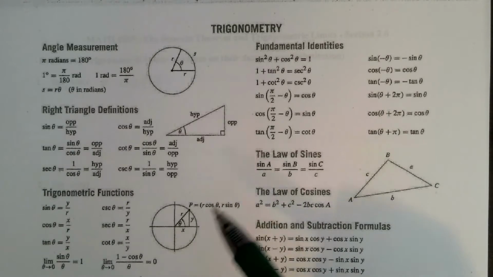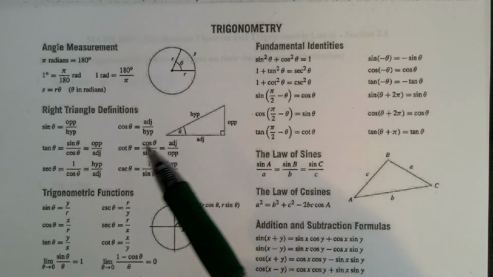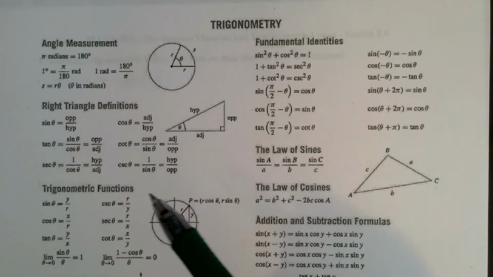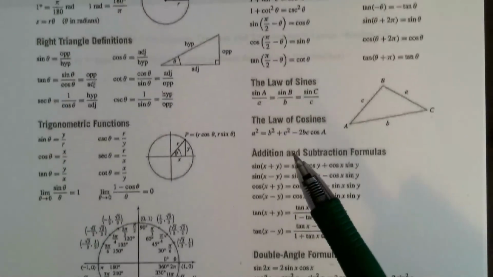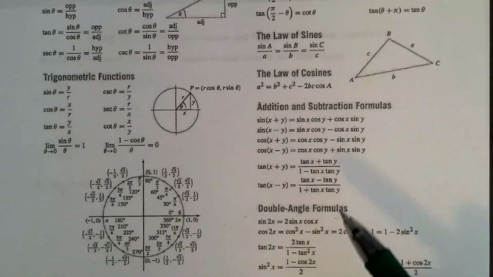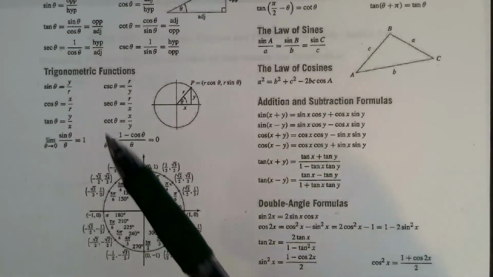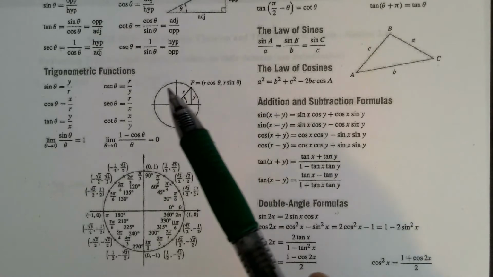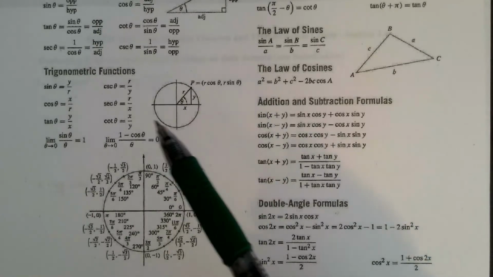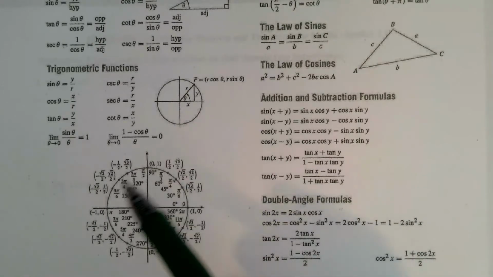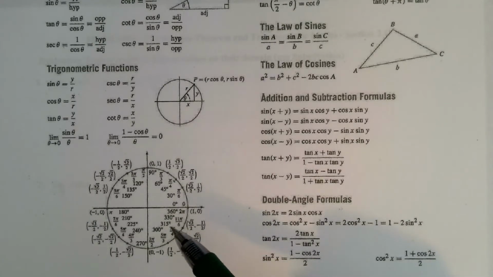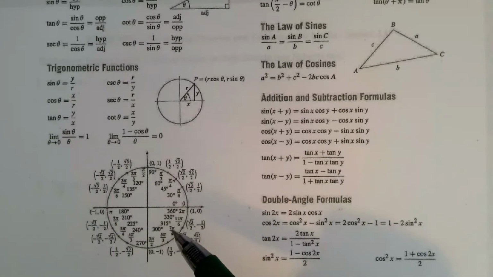I will probably make this available for tests so that you will have these right triangle definitions, fundamental identities that you should be familiar with, will make use of, and some other identities. And then, of course, the idea of extending the right triangle definitions to the unit circle. And you should be familiar with this and how to find the exact value, say, of sine and cosine.